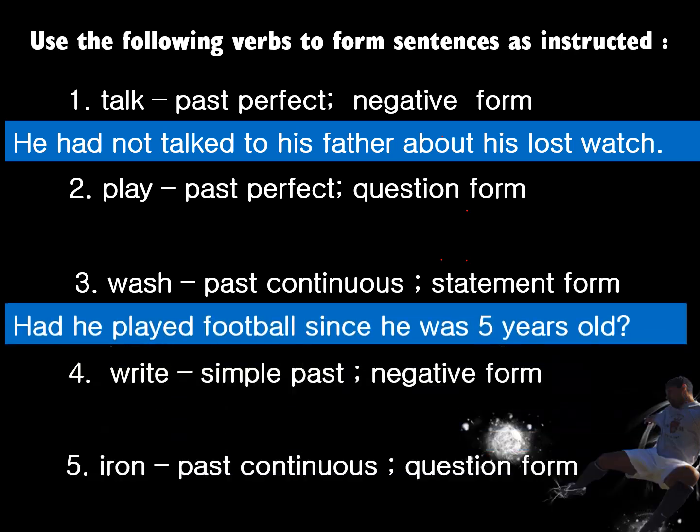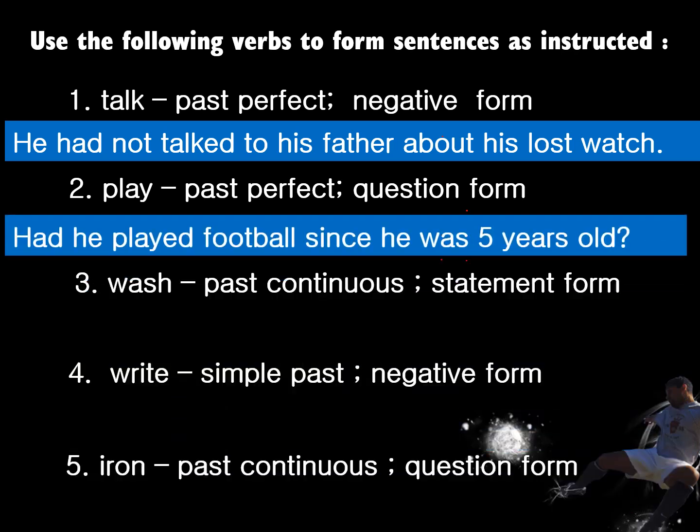So let's have there: Had he played football since he was 5 years old? This is a question, and it uses the past perfect tense of the verb, had played. It is a question because you started with the auxiliary verb had followed by the subject. So, had he played football since he was 5 years old?